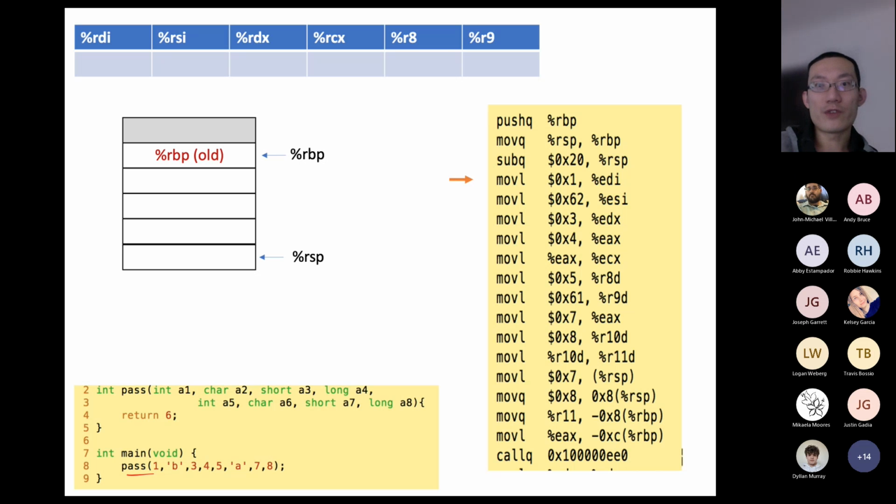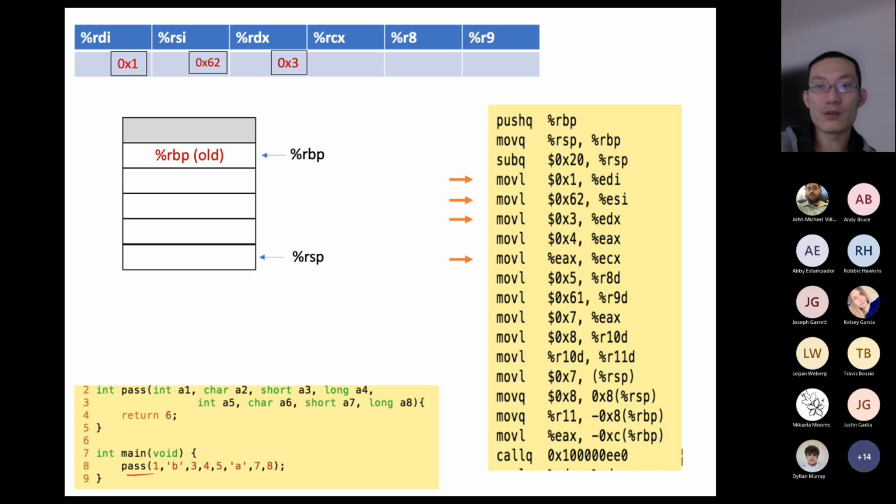So first of all, we move number 1 into EDI. This is to place the first parameter, which is 1, into EDI. Then the caller moves 62 to ESI. This is ASCII code for the letter B. And then we move 3 into EDX. EDX is placed to receive the third parameter.